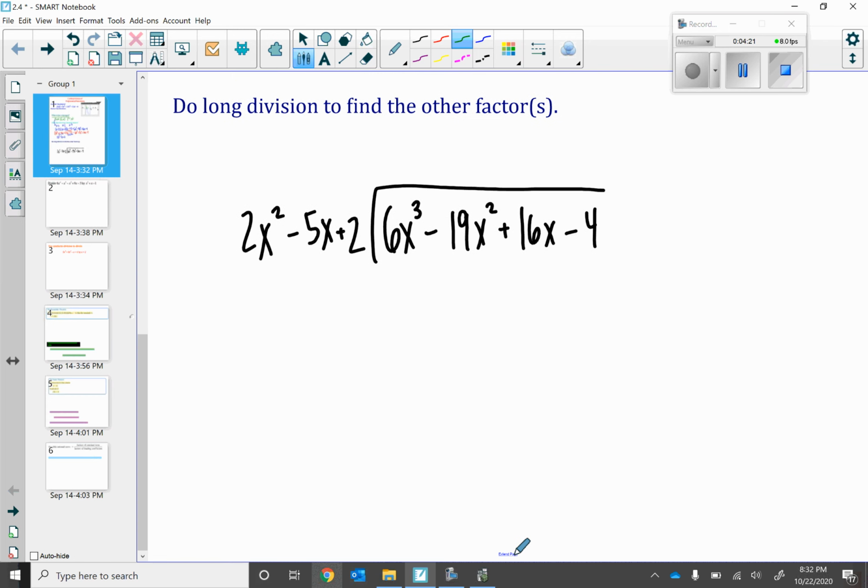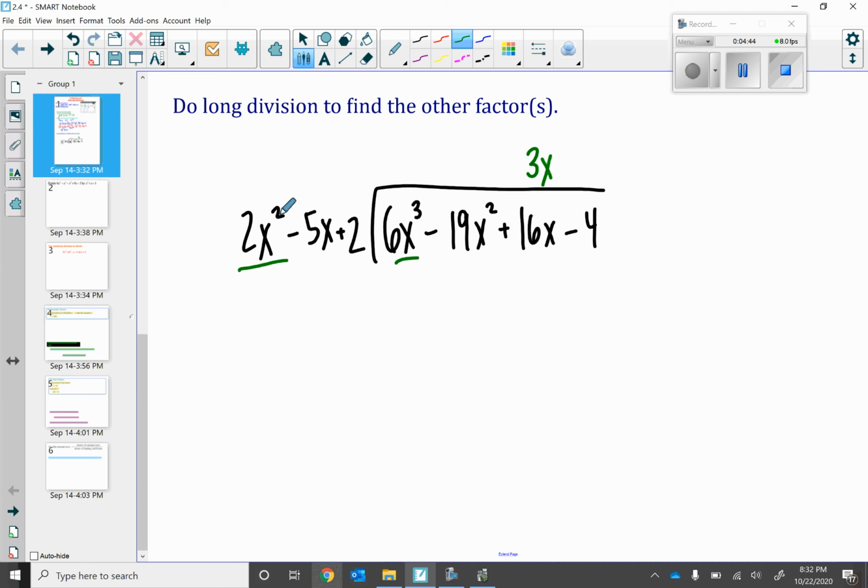The first step is to ask ourselves, how do I multiply 2x squared by something to get 6x cubed? Well, I know 2 times 3 is 6, so I'm going to need a 3, and x squared times 1x is going to get me to the x cubed. So I'm going to multiply it by a 3x. Then I multiply every piece by that.